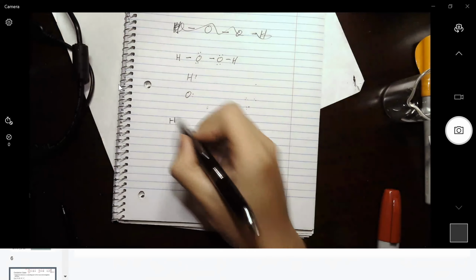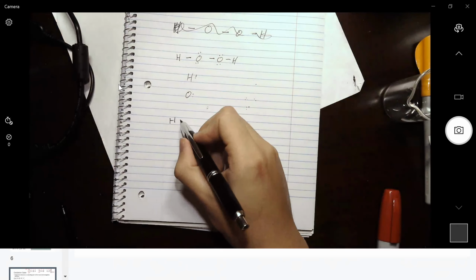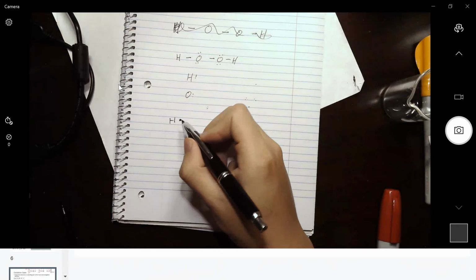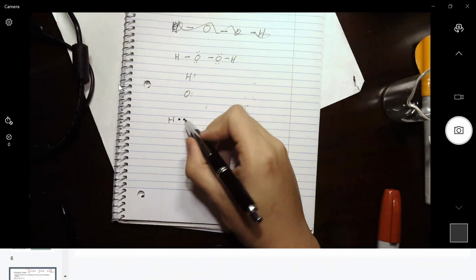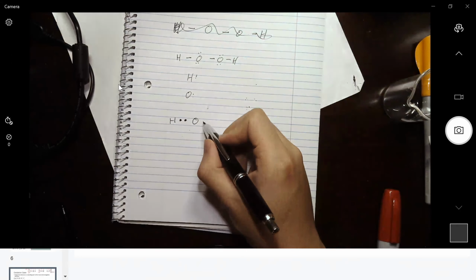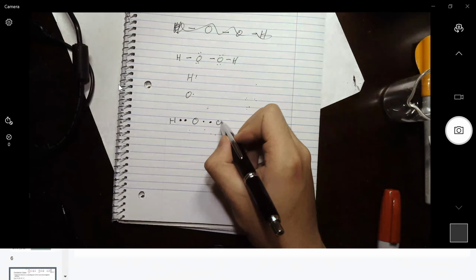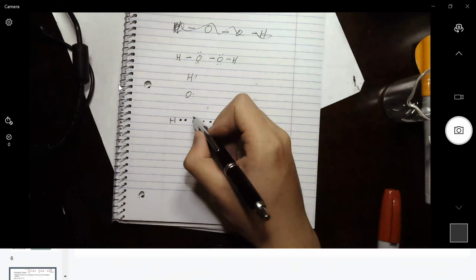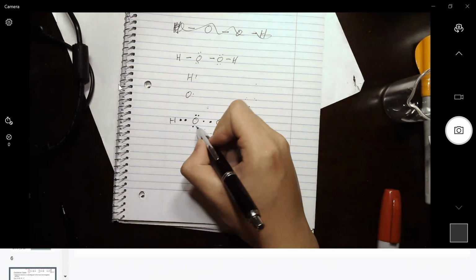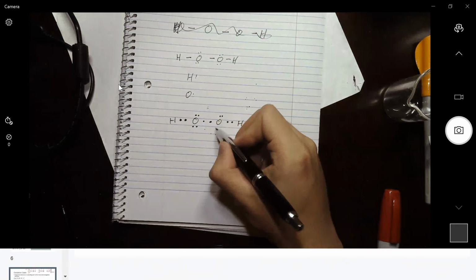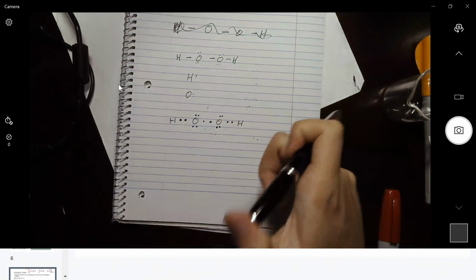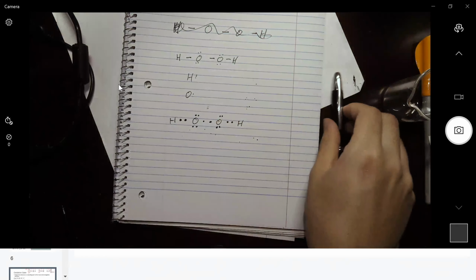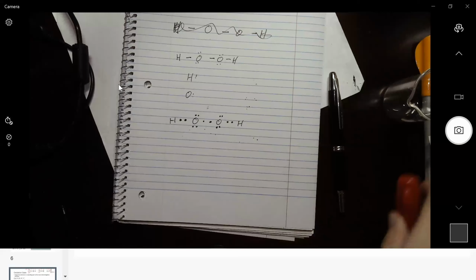So let's change all of the bonds to pairs of electrons. So each bond has 2 electrons. So what's more electronegative, oxygen or hydrogen? Oxygen, right?